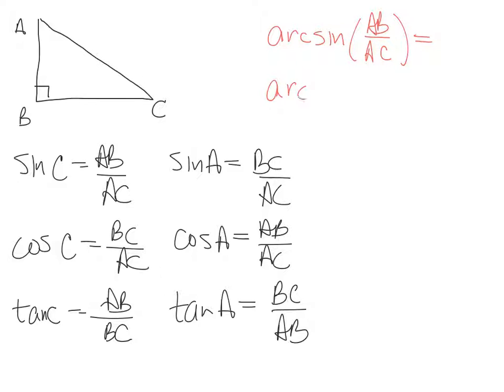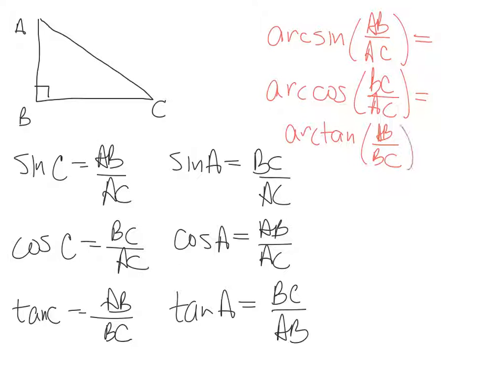Or arccosine of BC over AC? What would that be equal to? Or even arctan of AB over BC. What do you think that's equal to?